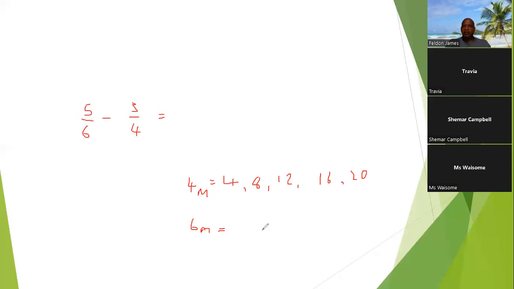Tell me 5 multiples of 6 now. 6, 12, 18, 24, and 30.